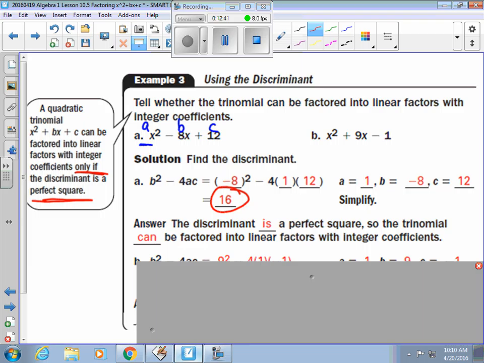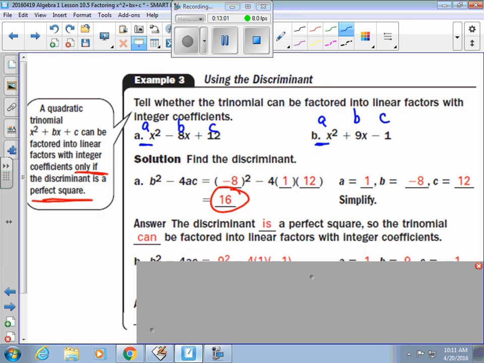The other one says x squared plus 9x minus 1. Again, a, b, and c. A's value is that same 1 that's in front of x squared. B's value is 9, and c's value is negative 1. So b squared minus 4 times a times c.